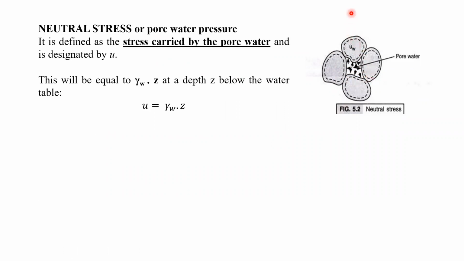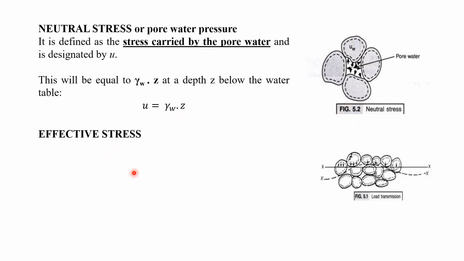Suppose you want to know the stress due to the pore water at depth Z. In that case, we can calculate pore water pressure at depth Z as the density of water multiplied by Z. So density of water into Z is the pore water pressure at that depth.